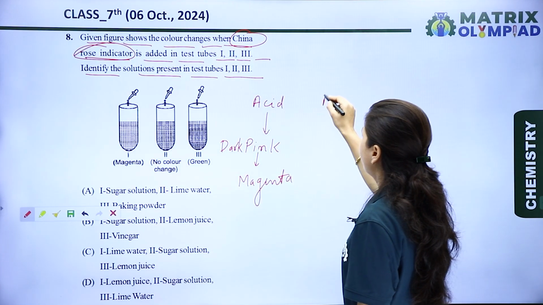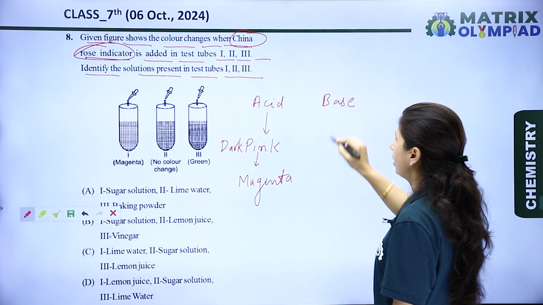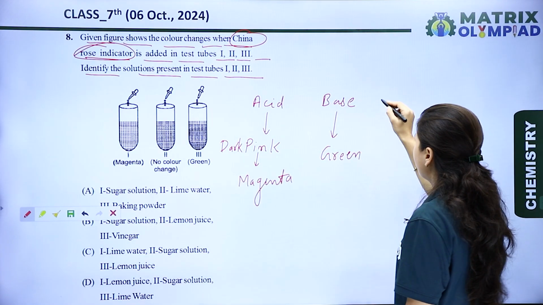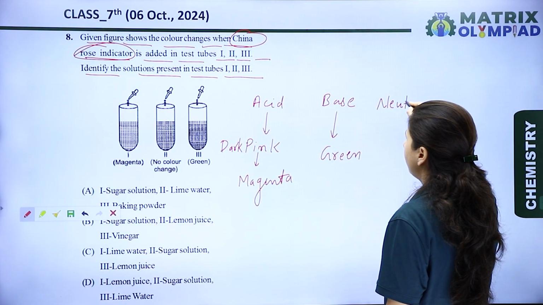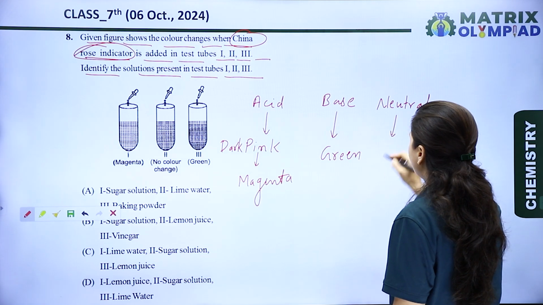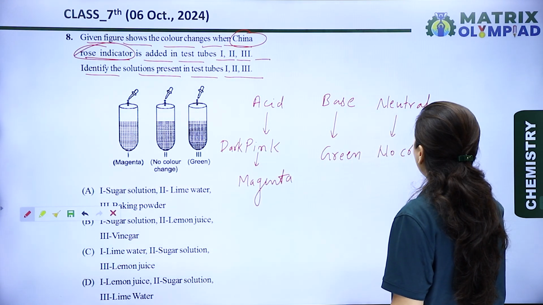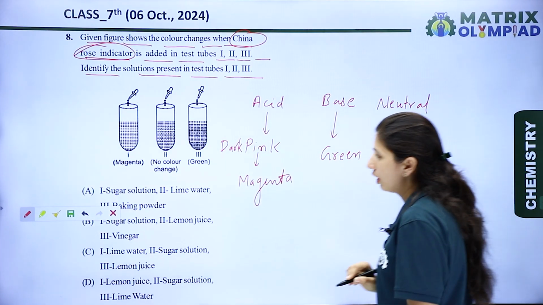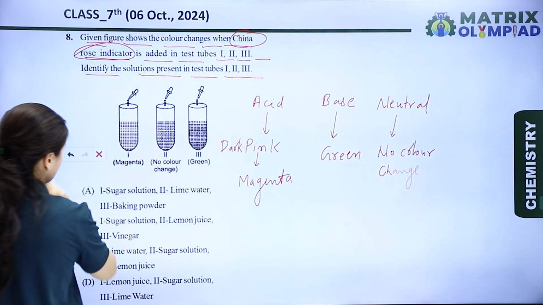If we add the China rose indicator to a basic solution, then it converts into green color, and if we add it to any neutral solution, then there is no color change. So now let's see the options.